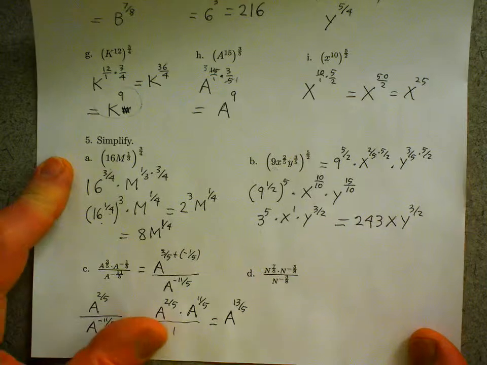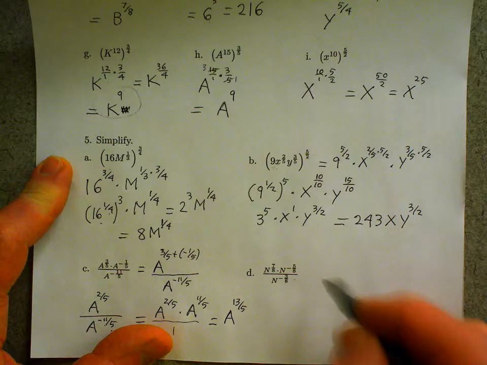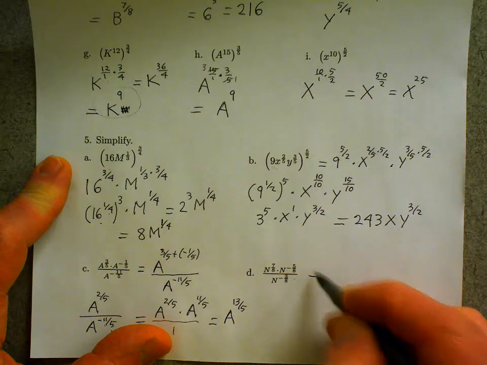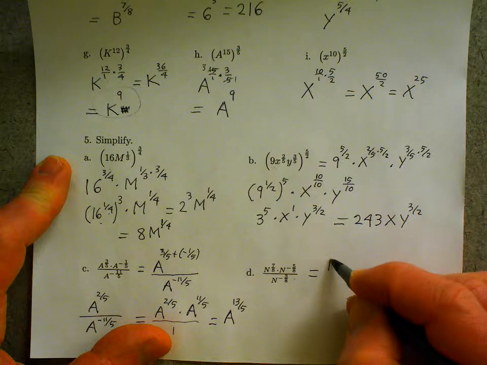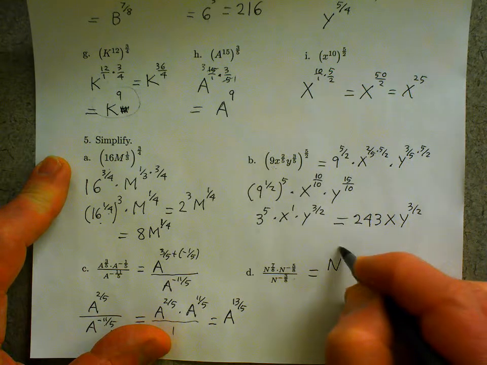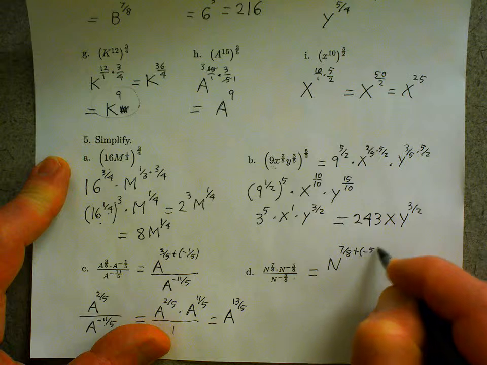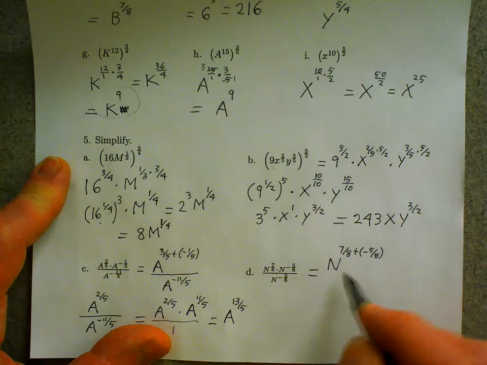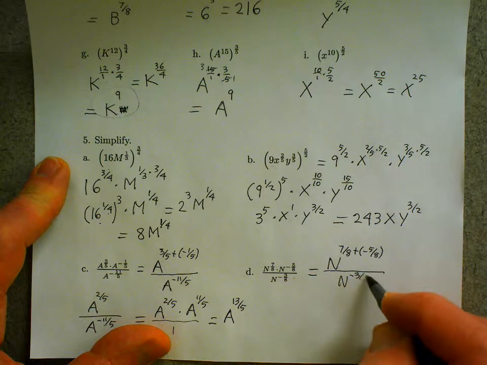Okay, the next one is similar to the one we just did. We can begin by simplifying the numerator, n to the 7/8 plus negative 5/8, divided by n to the negative 3/8.